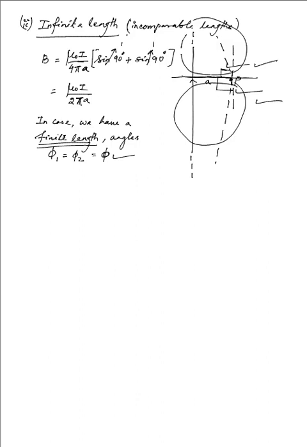So as a result of that, what we get is that B now is equal to mu naught I divided by 4 pi A, and in the brackets we have sine phi plus sine phi, the other angle. So this is 2 sine phi. The 2 can get cancelled with that 4 to give us 2 in the denominator, and we have the sine phi with us.